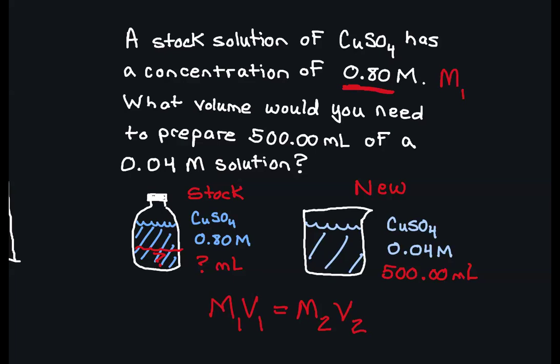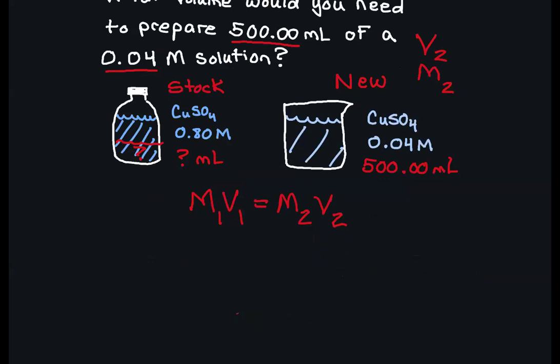And then 0.04 is going to be the new molarity. And so essentially in this question, what we're after is V1. We don't know what that is. So the first step is going to be solving this equation for V1. That's going to involve moving M1 over to the other side by division. And so what we end up with is V1 equals M2 V2 over M1.